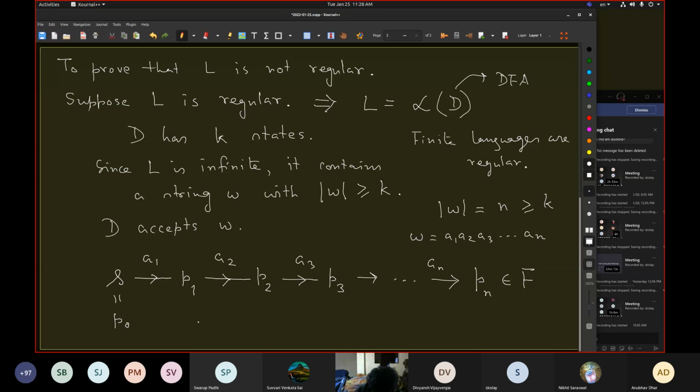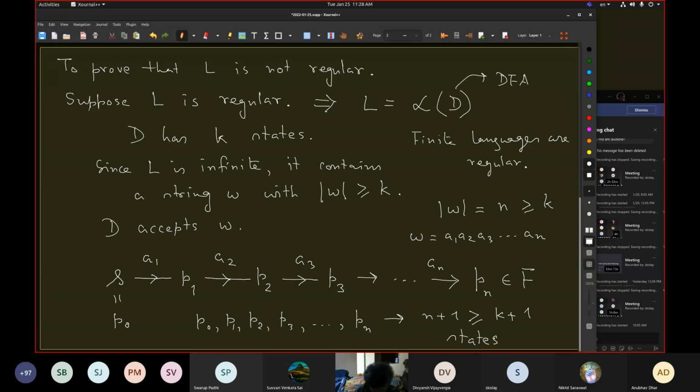So now how many states do I have in my list? P0, P1, P2, P3, up to Pn. How many states are there? N+1 states. And since N is greater than or equal to K, this is greater than or equal to K+1 states. So what does it mean?